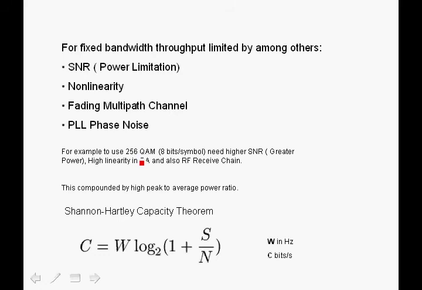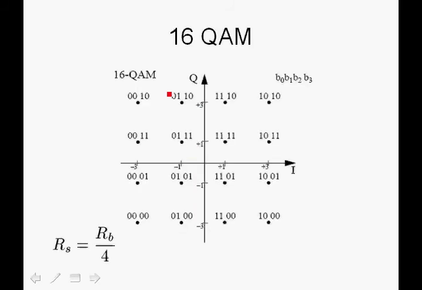Also, a 256 point QAM would require high linearity in the power amplifier and also in the receive gain, and it also has a problem of a high peak to average ratio. So if we intend to increase the throughput by using more points in the constellation, then we have to have more complex designs, and we should also meet signal to noise ratio requirements.